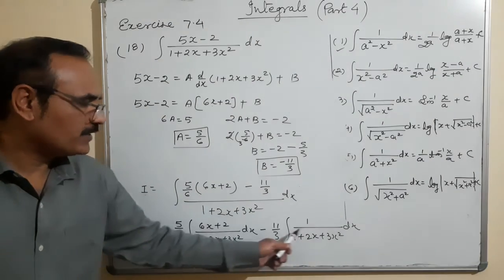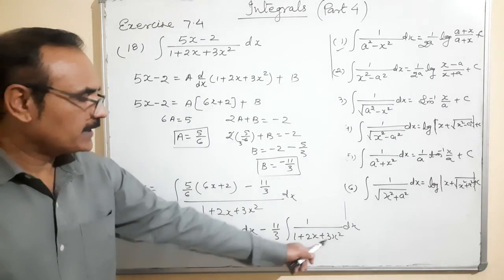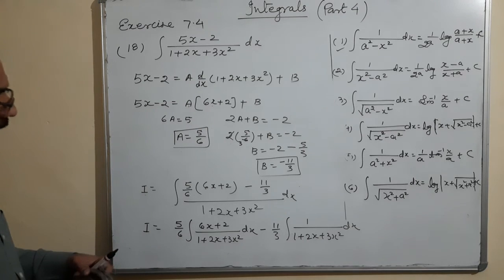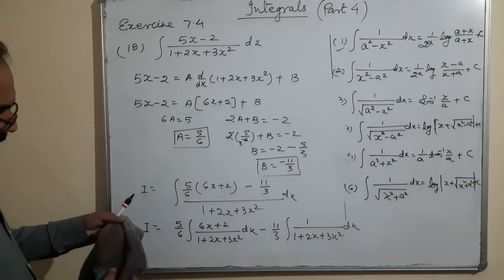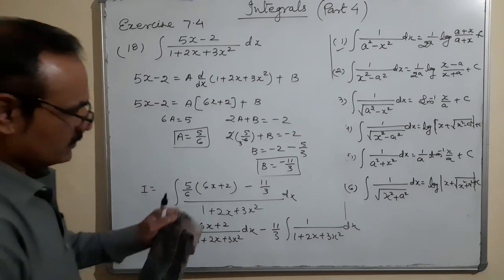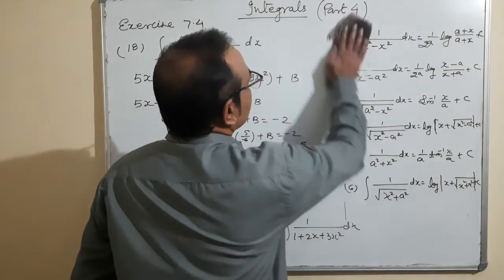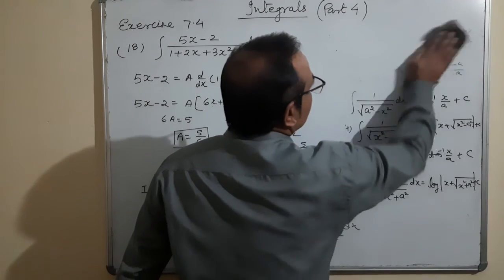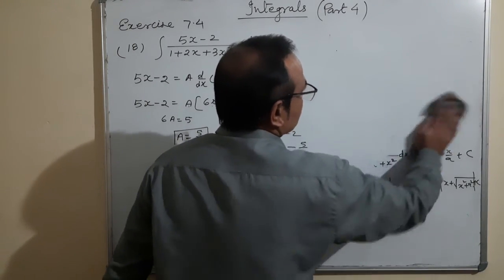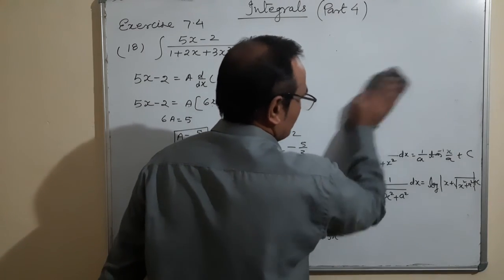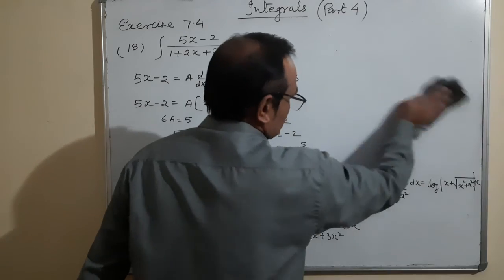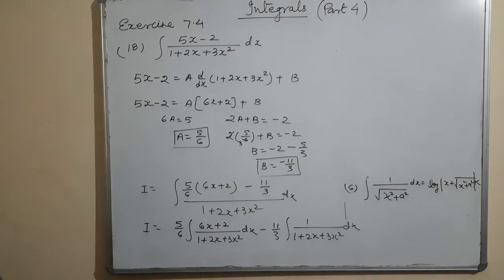And here we make use of completing the square, making 1 upon x square plus a square or x square minus a square. Now the questions, their solutions are lengthy.